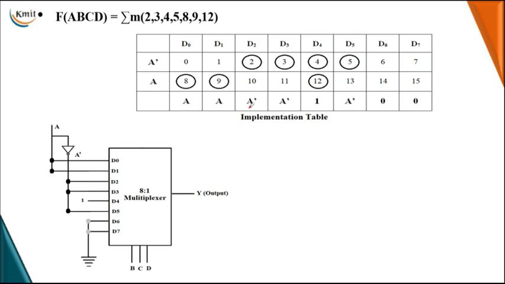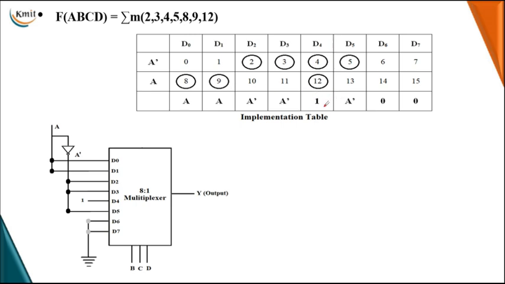Hence data input D2 of the 8:1 is connected to A bar. In the same manner D3 is connected to A bar, whereas the D4 column consists of two circles. So if I add A bar plus A, it is equal to logic 1.